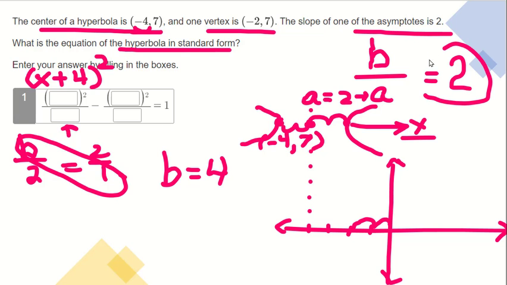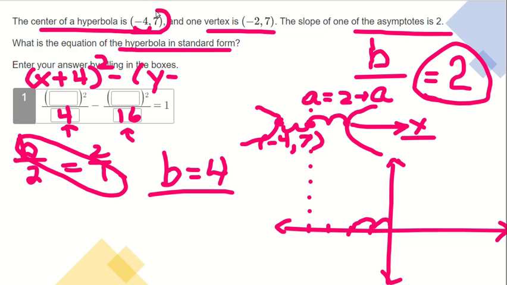We counted that when we plotted it. a is 2. 2 squared is 4. We solve for b. b squared is going to go right here. b squared is 16. And then we'll put minus y minus, we'll get that y coordinate here, 7 squared.